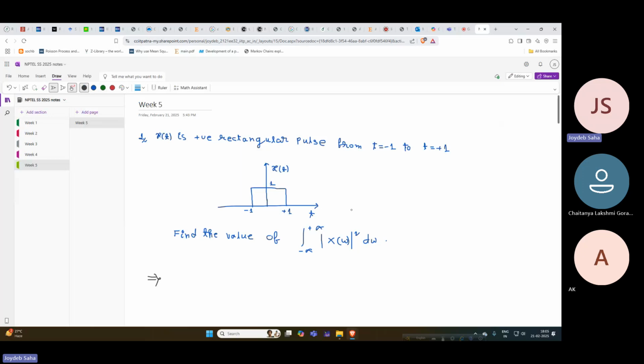We will get X(omega), right? And then we will proceed with this integration. What is the other way? We can use Parseval's theorem.